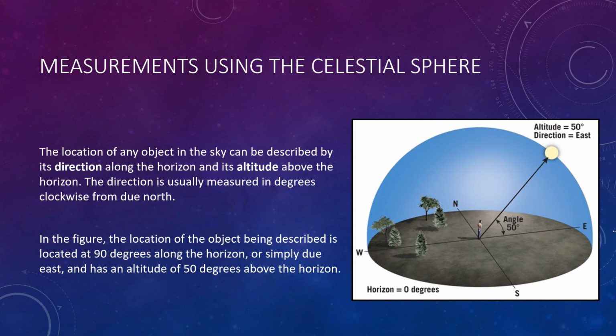The direction is usually measured in degrees, clockwise from due north. In this figure, for example, the object being described is located at 90 degrees along its horizon, or simply due east, and has an altitude of 50 degrees above the horizon. So this is just one way to quantify where something is.